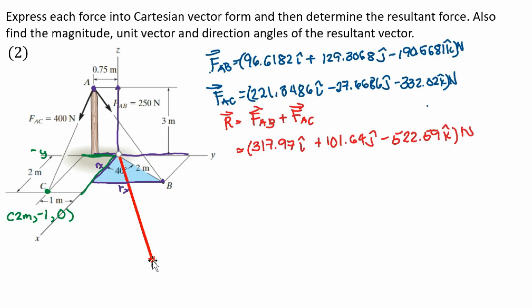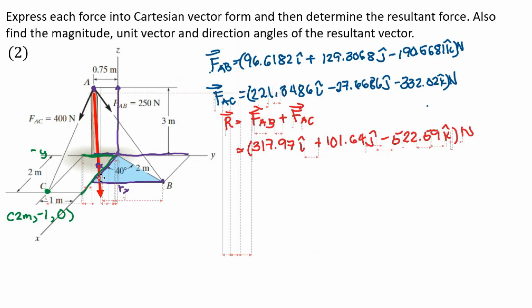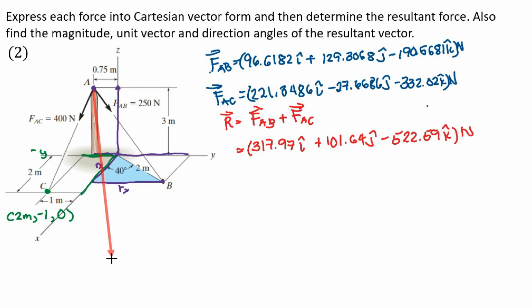So that is X, a little bit of Y, and that is very long to Z. So this is now the position. Let's assume this is R, and we will put it here. Since that is longer, this is now the position of your resultant vector R.